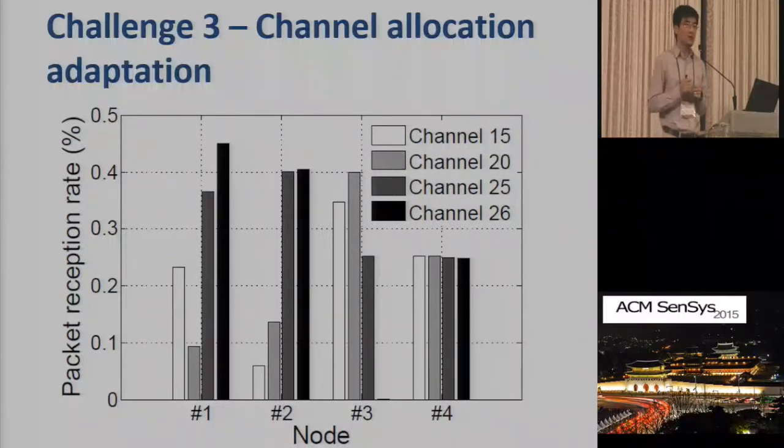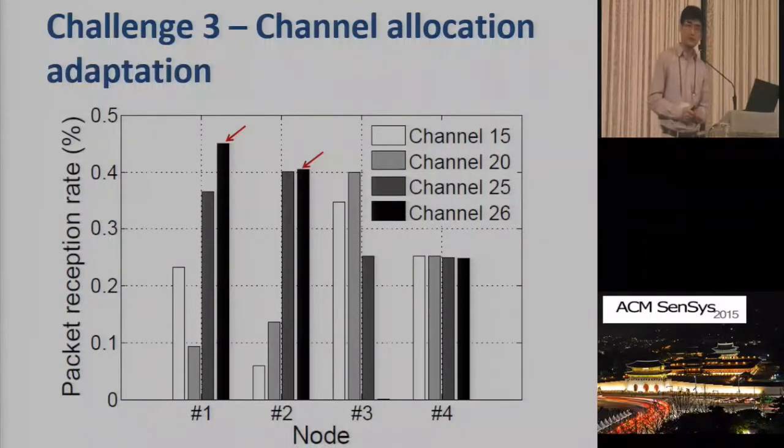We still have one more challenge, which is that we need to adapt the channel allocations. Let's see these experimental results. We found that the packet reception rates of different nodes are very different for each channel. For example, we use channel 26 as an example.